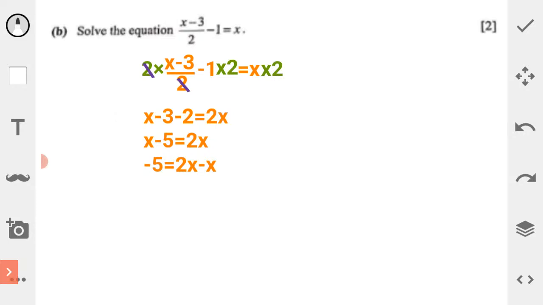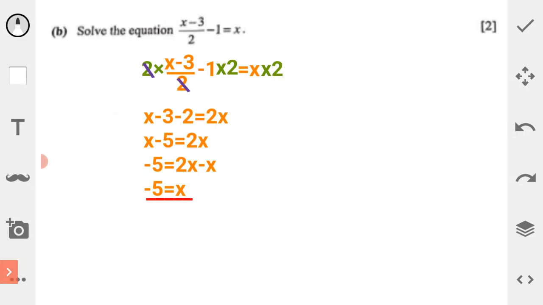Then negative 5 is equal to 2x minus x, which gives me x. So the value of x in this expression is negative 5. Basically this is how you solve for x when you are given such a question.